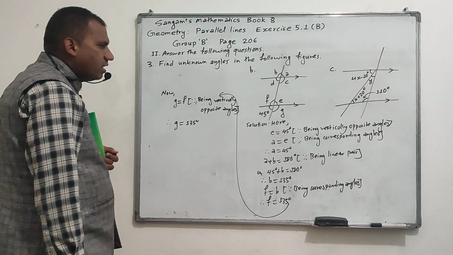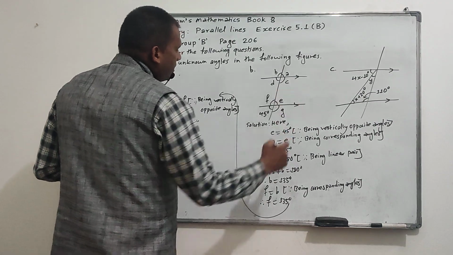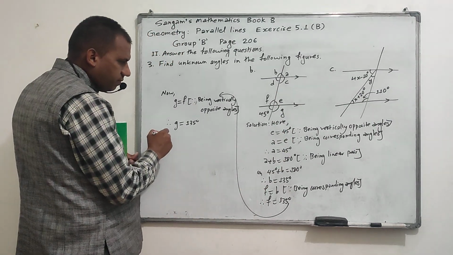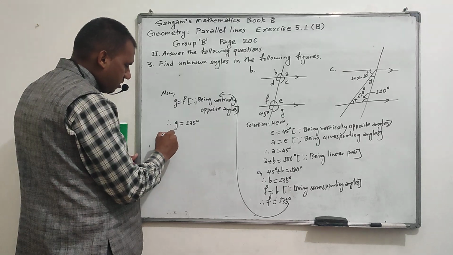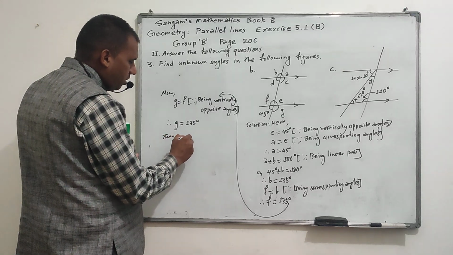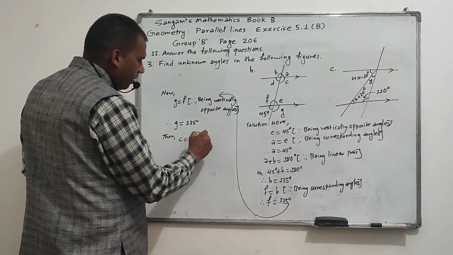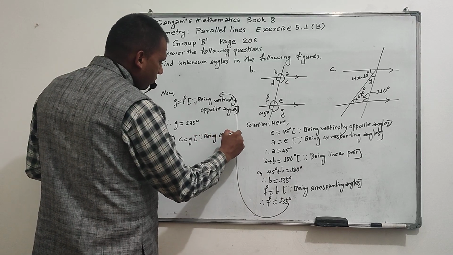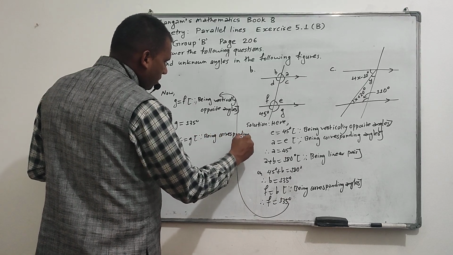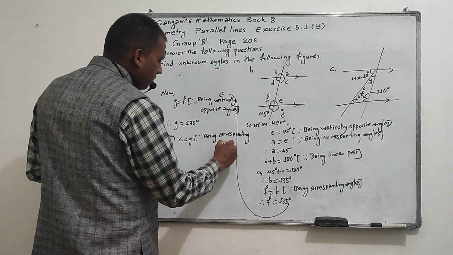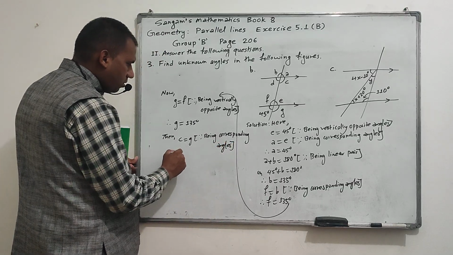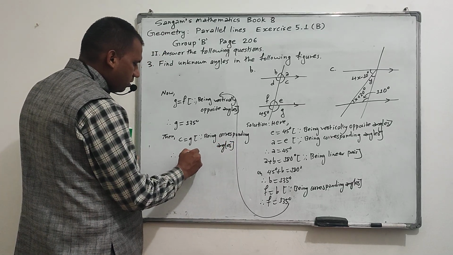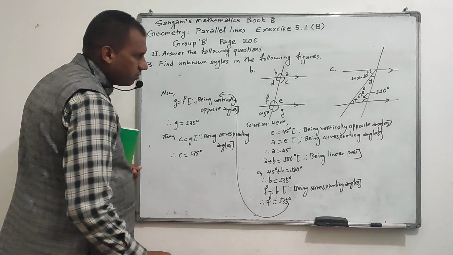Then G and C are again corresponding angles, so C equals G, therefore C equals 135 degrees.